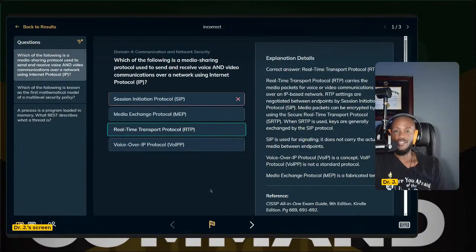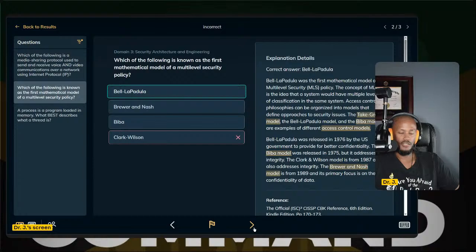When I'm doing my own personal study and checking the scores, and not just Pocket Prep, but other banks that I use as well, the communication and network security domain is not that I'm bombing it, but it's definitely lower than my other domains. So that's an area I'm trying to get the scores up higher.